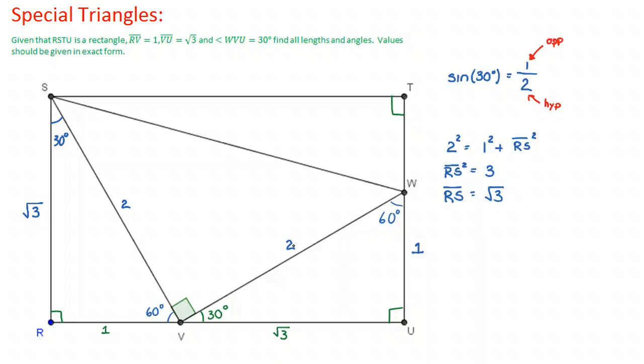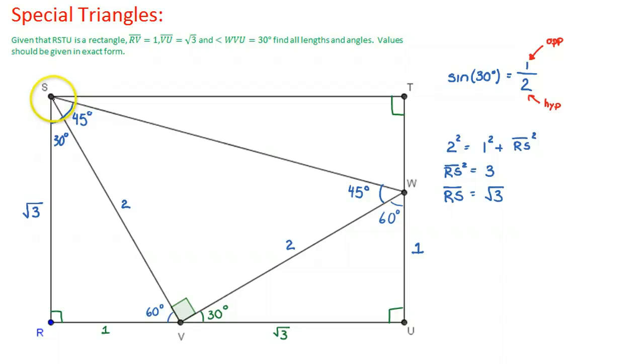Okay, so now what conclusion can I draw? Well, there are lots of places we can go from here. One thing I could recognize is, let's take a look at triangle SVW. Notice that I have two sides that are equal. If I have two sides that are equal and it's a 90-degree triangle, that means that the other two angles must be 45 degrees and 45 degrees.